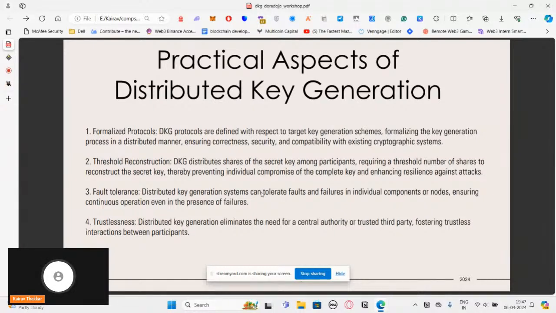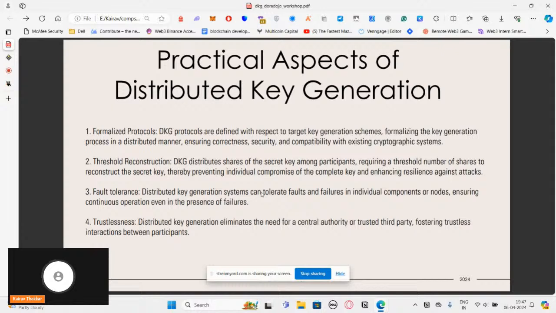When we are talking about the upcoming messaging platforms, whether on Web3 or Web2, and especially on Web3, where we are trying to protect anonymity, protect the security of the network, and decentralize the network, there we can use the concept of threshold reconstruction.